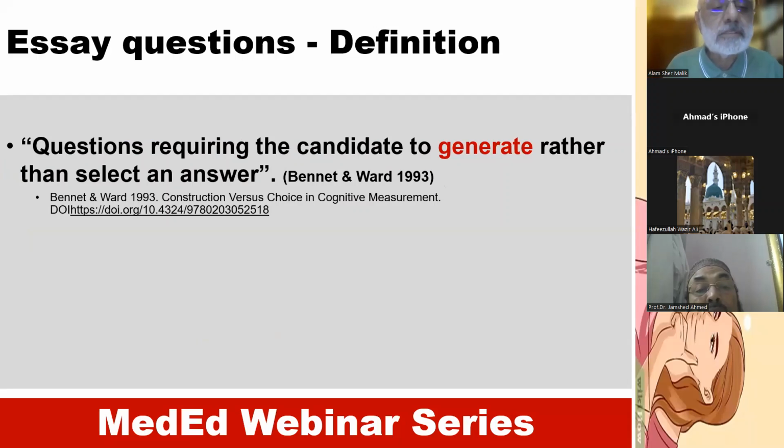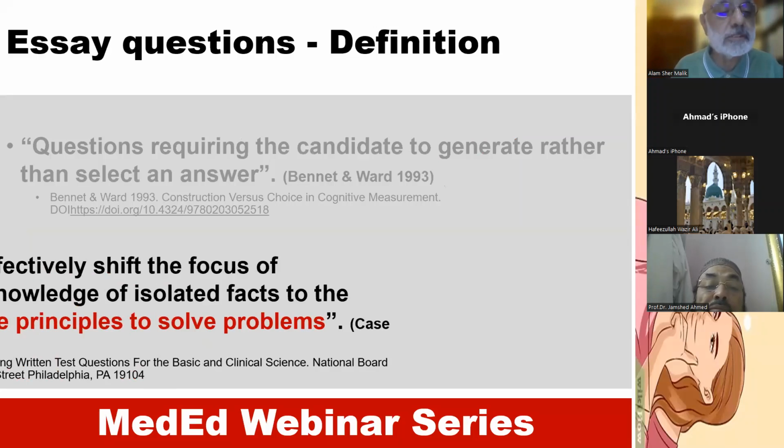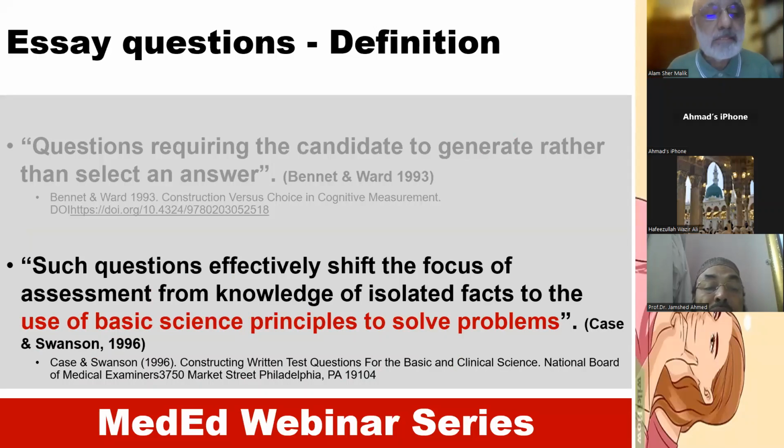Essay questions require the candidate to generate rather than select an answer, which means they have to write an answer rather than select an answer as in, for example, multiple choice questions. Essay questions effectively shift the focus of assessment from knowledge of isolated facts to the use of basic science principles to solve problems.